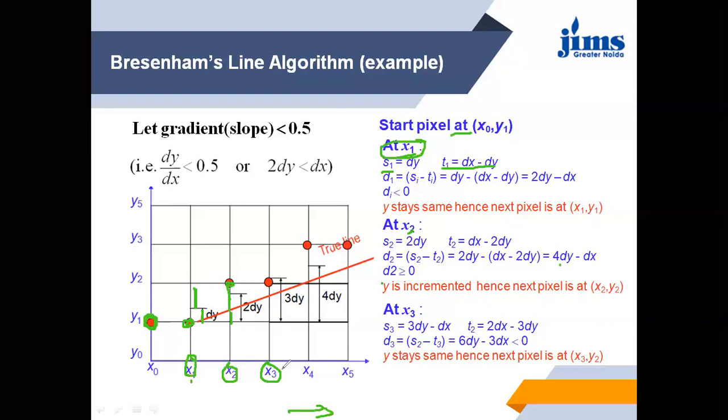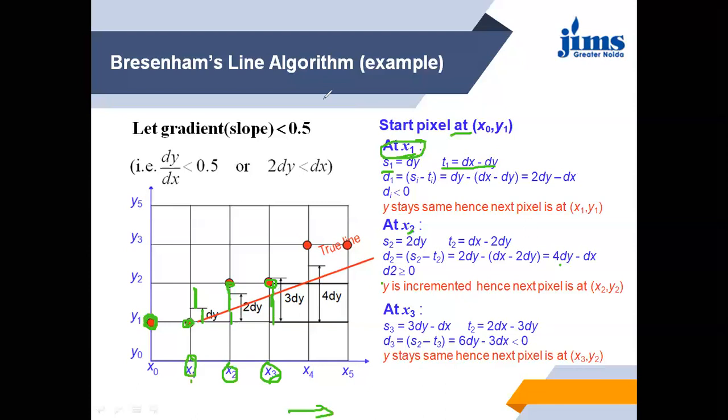At point x3 in the x direction, we have to draw this one as it is very close to the line.